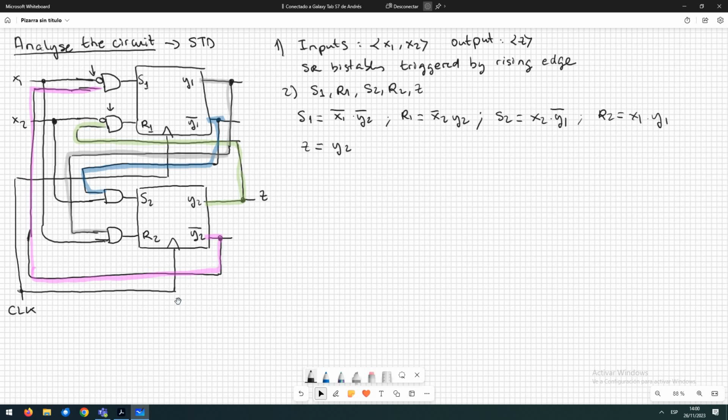In this case, how do we know which machine the person that designed the circuit used? We have to pay attention to the output. The output is C, and it depends on Y2. Is Y2 an input or a state? It's a state variable. So this output only depends on the state variable and not on the input.